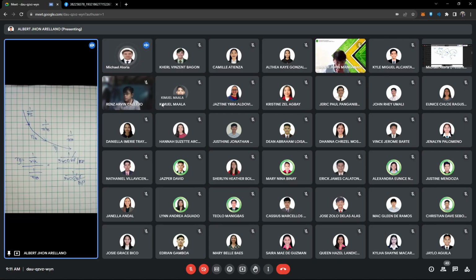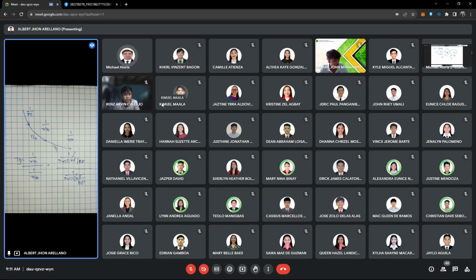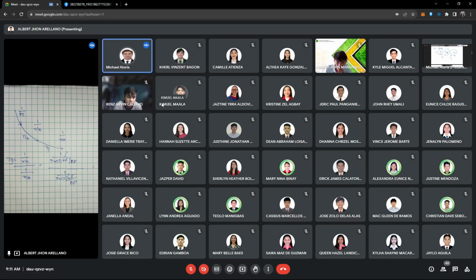Ito po ang generator efficiency po ay equal sa 1 over combined specific fuel consumption over 1 over brake specific fuel consumption. Yung MK ay equal sa 3,600 mf over EP.